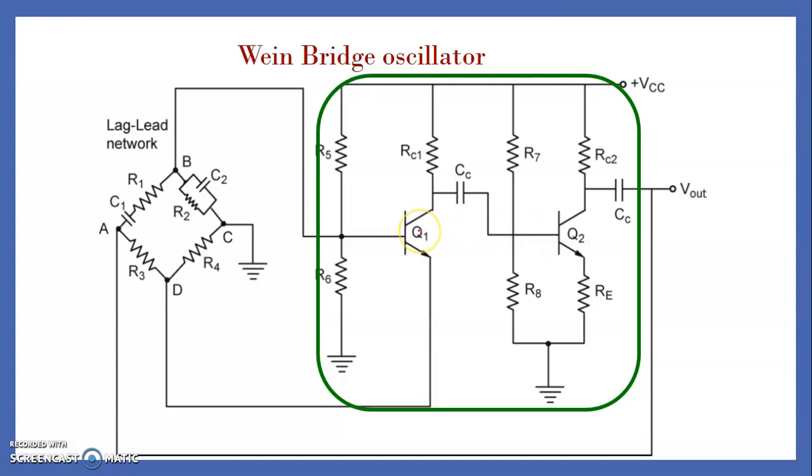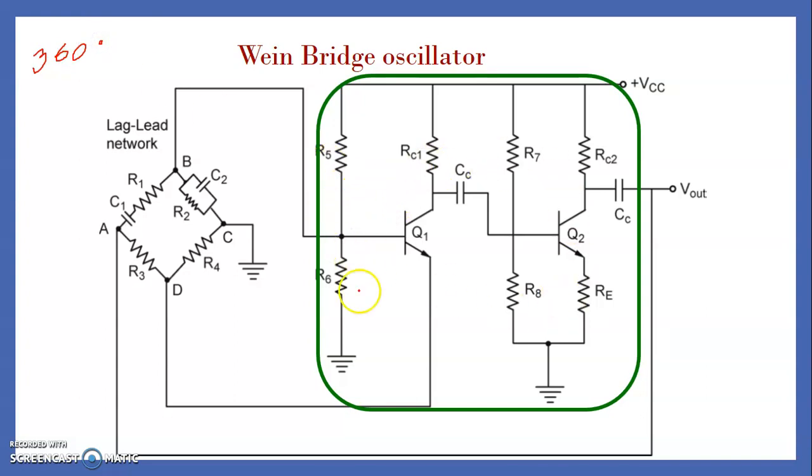We already know the common emitter configuration produces a phase shift of 180 degrees. So with two stages, the first stage produces 180 degrees and the second stage produces another 180 degrees. Therefore, in the amplifier stage itself, we have obtained a total phase shift of 360 degrees.